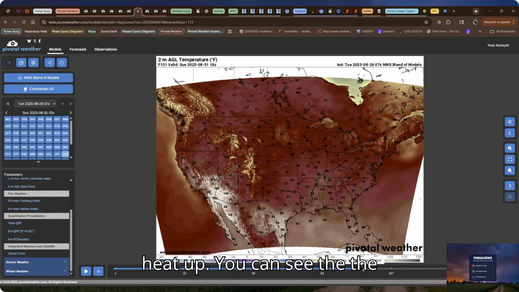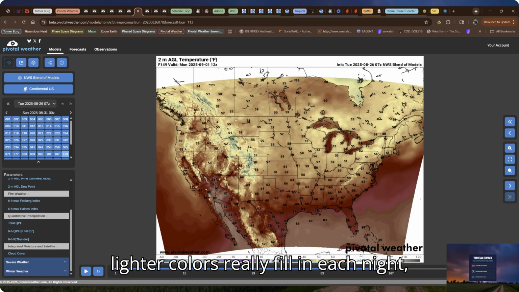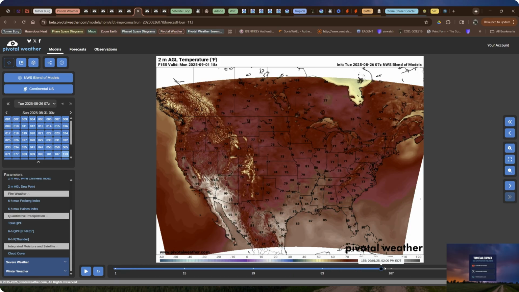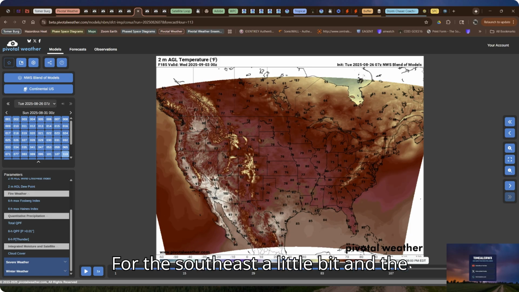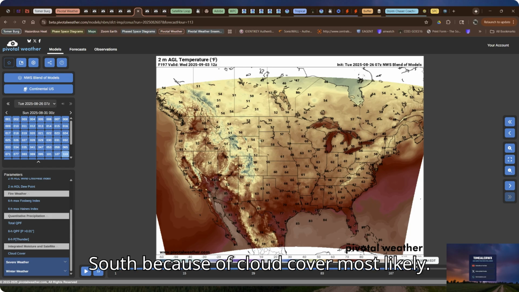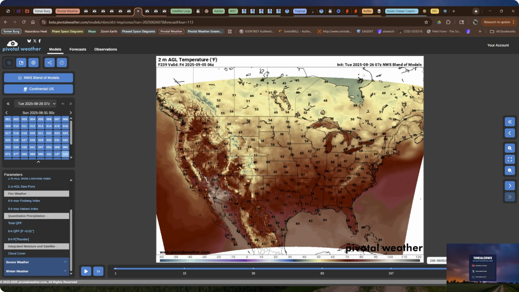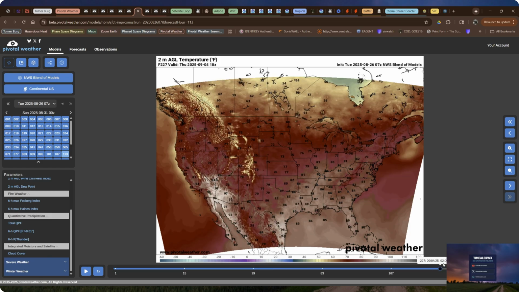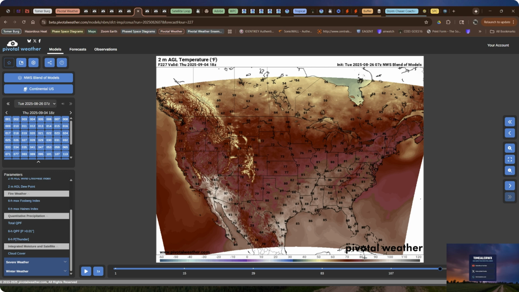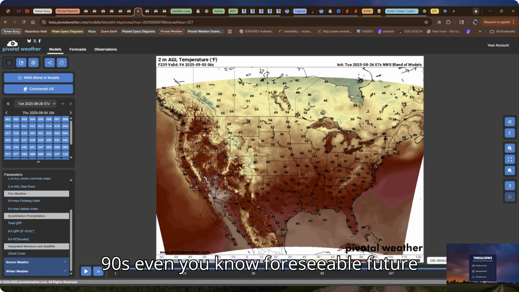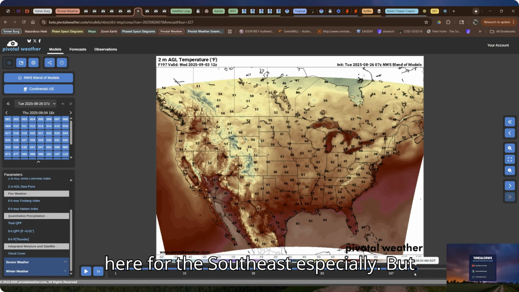You can see the lighter colors really fill in each night, although it starts to warm up at night for the southeast a little bit and the south because of cloud cover, most likely. But overall, no deeper brownish colors, 90s even, for the foreseeable future here for the southeast especially.